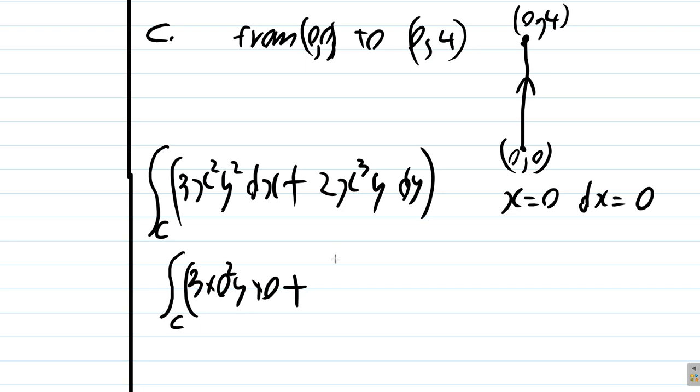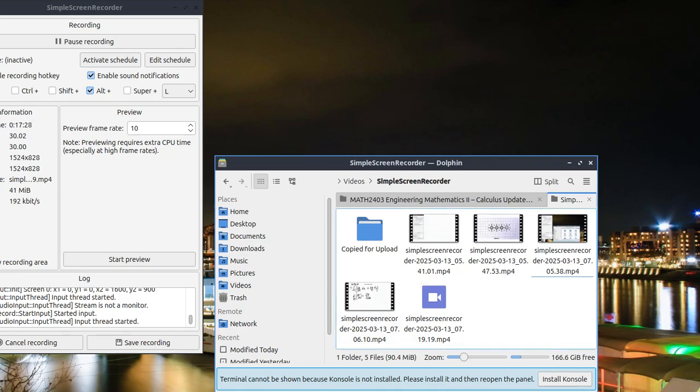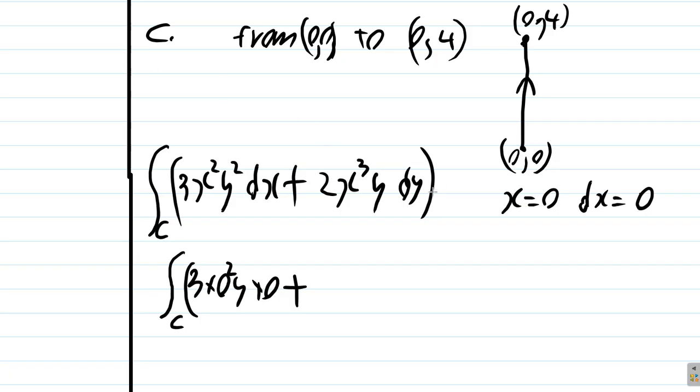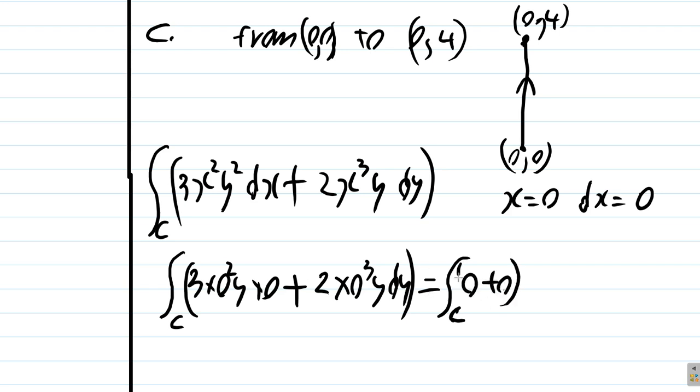In this case, we have the integral going up from 0, straight up. x is 0, so it's 2 times 0 cubed y dy. So everything amounts to 0. The integral along the curve of 0 plus 0 gives 0. So no change, going straight up.